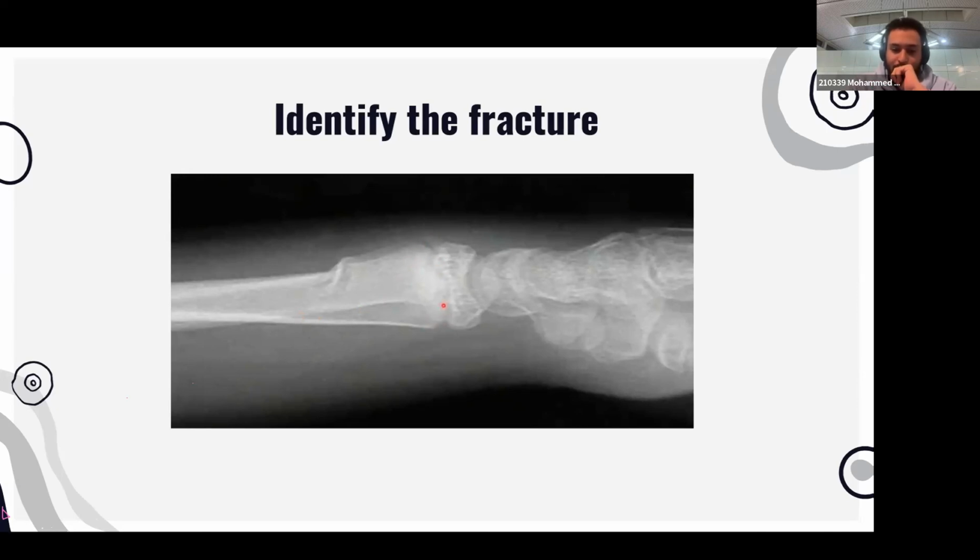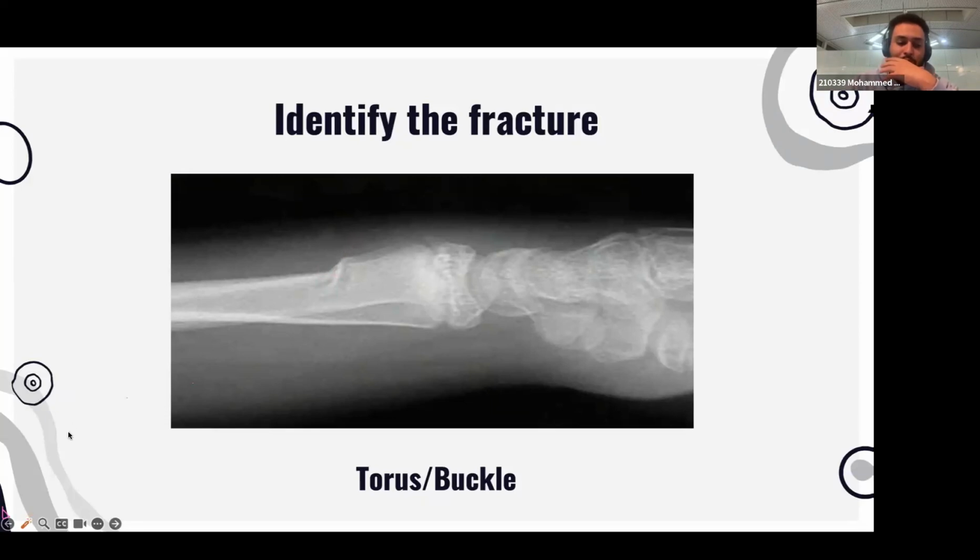See, this is the metaphyseal plate. So anyways, this over here is a buckle fracture or a torus fracture. It's usually if someone's falling downwards straight like this. Because the bone is still very weak, it compresses the bone like this and it pulls that this way. So that's what causes the torus fracture.